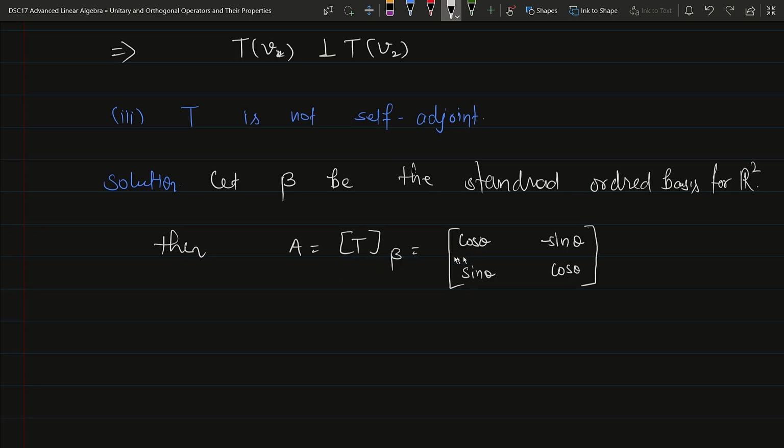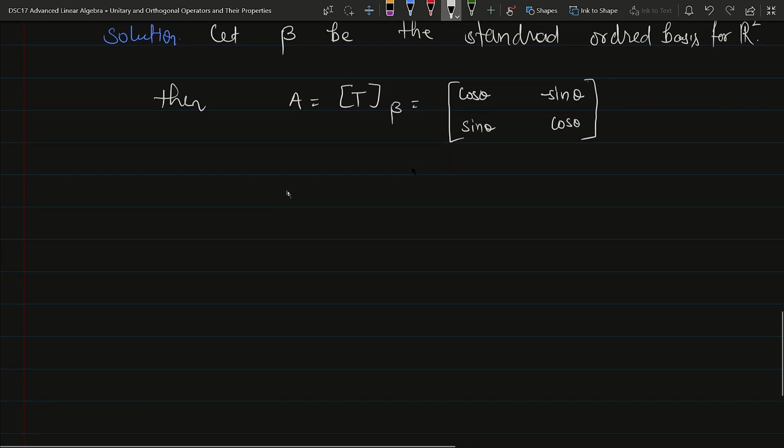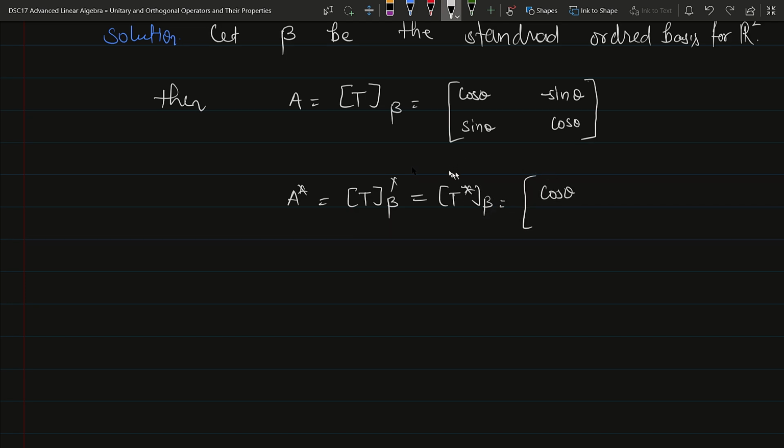Now each value is real, so you can write A star, that is the T beta star, which is equal to T star in beta, and that can be simply cos theta, sin theta, minus sin theta, cos theta. We just need to take the transpose only क्योंकि सारी entries real है.